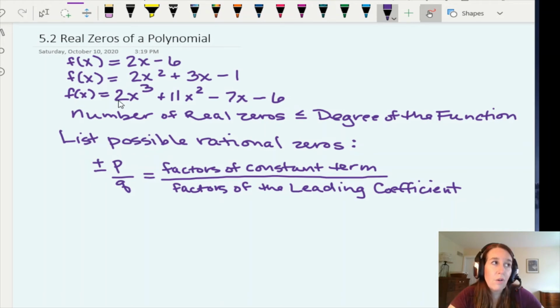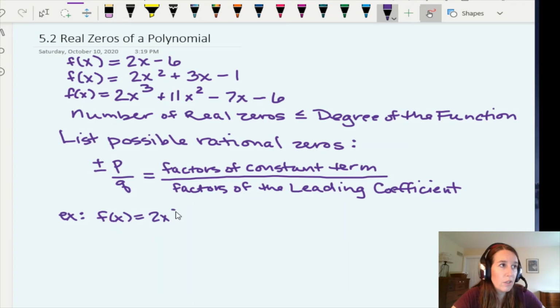This also needs to be taken into account for any possible zero. They need to have a combination of the last term and the first term involved, and we're not going to go into the full details of why that is. So for example, f of x is equal to 2x cubed plus 11x squared minus 7x minus 6.